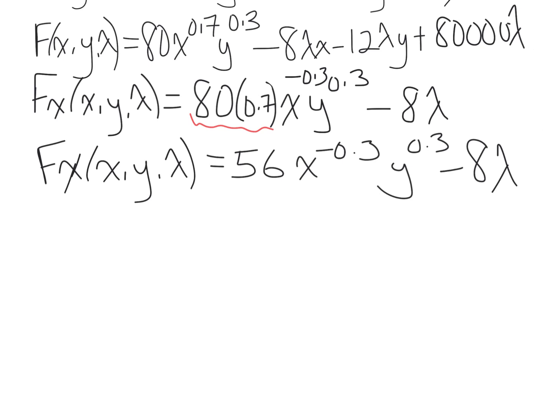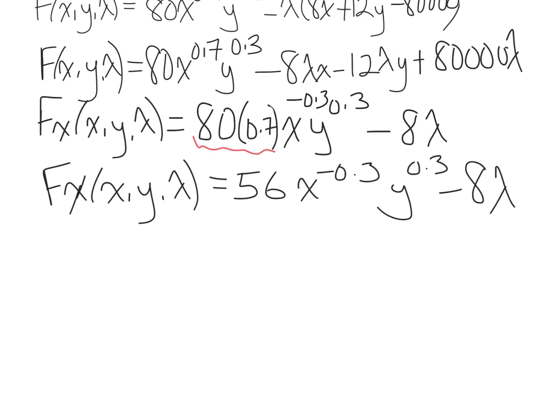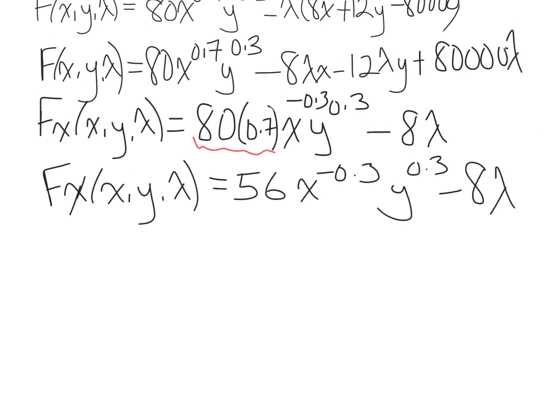I'll just go to the next thing, which is I need to find the partial derivative with respect to y. Are we okay so far with this? Yeah, okay. Wow, all right, let's try it.